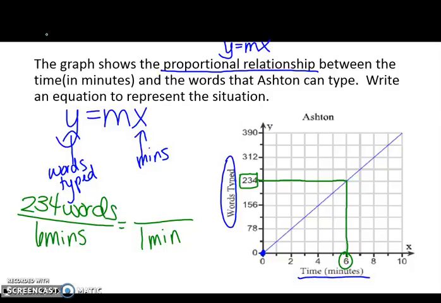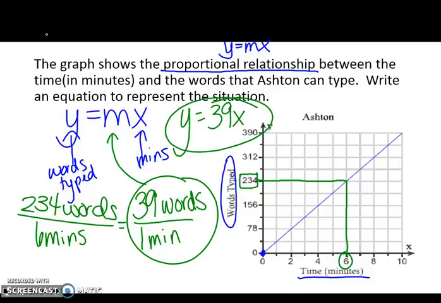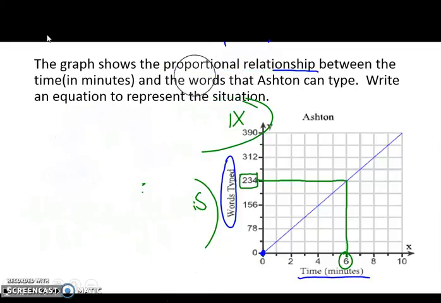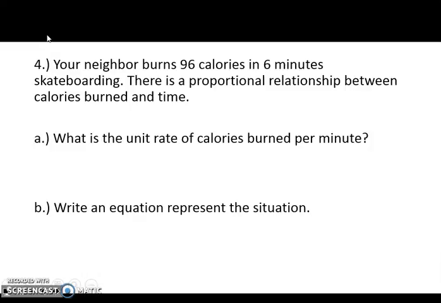But we're going to find out that Ashton can type 39 words per minute. So since this is our unit rate or our slope, it gets plugged in to our m value. The biggest thing to pay attention to is the numbers that they're numbering by on those graphs.